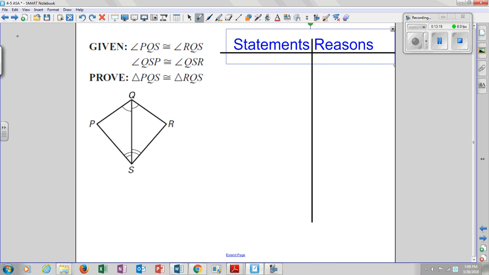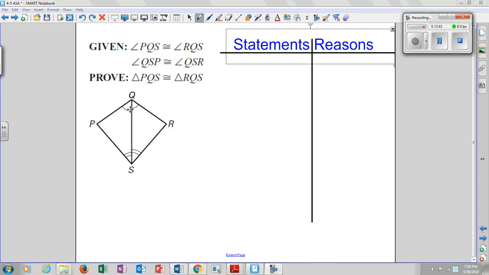Okay, write down what we're given and what we have to prove, and then we will go through the statements and reasons. Okay, you're given angle PQS is congruent to angle RQS. The first thing I would do is make sure that's marked on my figure.